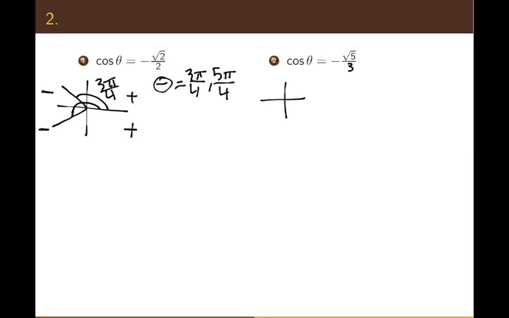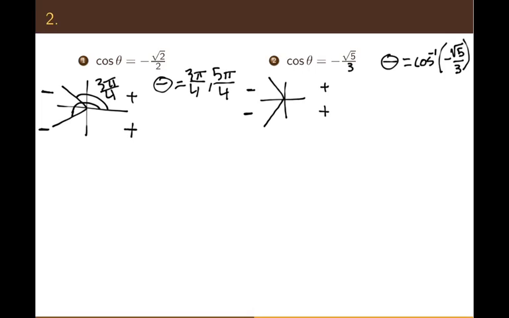So just like the first one, I know I have a solution over here, and I also have one in the third quadrant, because that's where cosine is negative. Make sense? By looking at this, I can determine that one of the solutions is going to be cosine inverse of negative square root of 5 over 3.